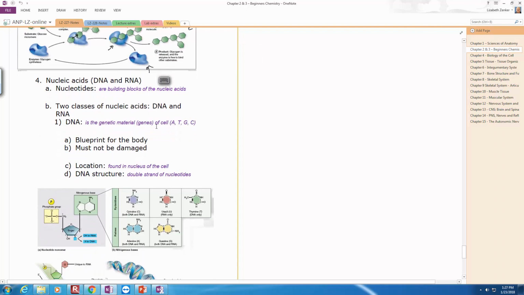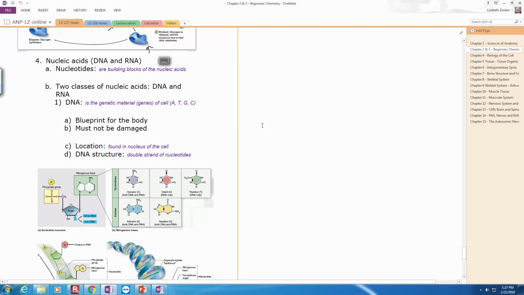So the nucleotides are the building blocks. Those are the monomers of a DNA or RNA molecule. And the nucleotides, there are 5 of them. So we have adenine, guanine, cytosine, thymine.